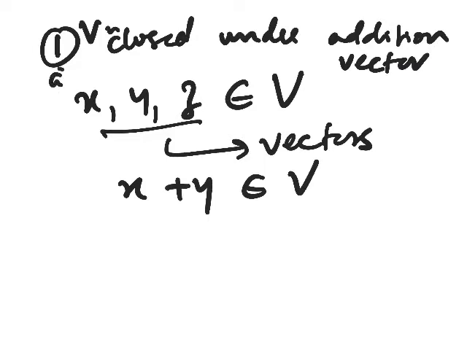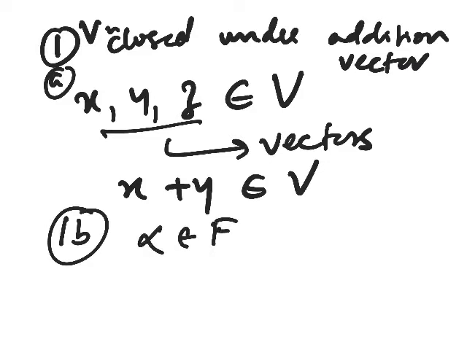I'll say 1a and 1b. 1b would be what? It should be closed under what? Under scalar multiplication. So you have alpha, an element of F, x an element of V, alpha into x should be an element of where? V. You take two elements from the set of vectors, add them, it should still be a vector.